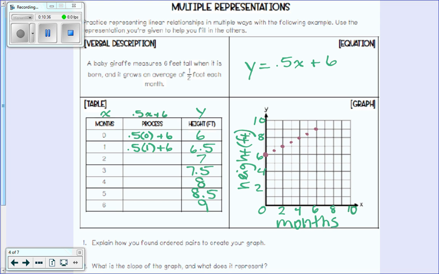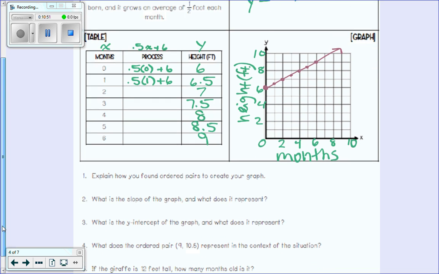We're good with that? Draw a line as straight as possible. There we go. So we've represented this 4 different ways. They all represent the same information. We're good? All right, let's see if we can answer some questions.